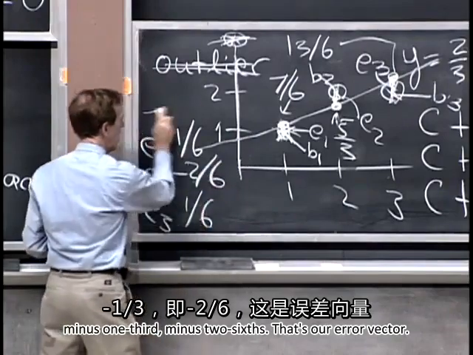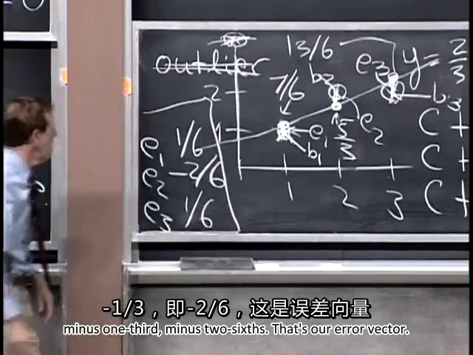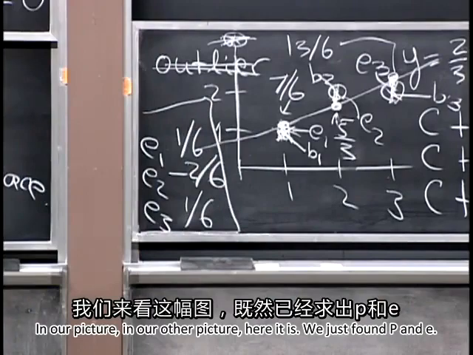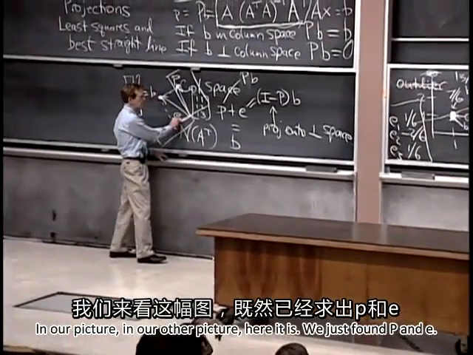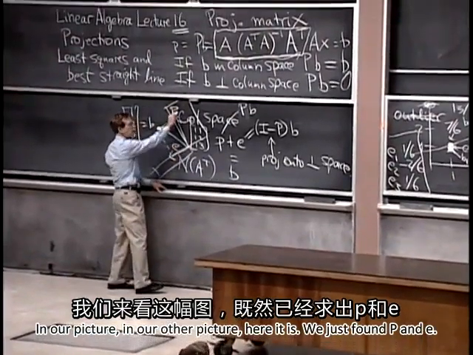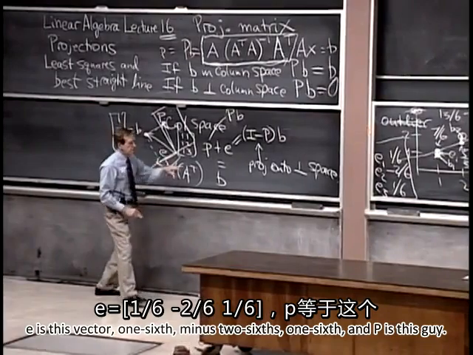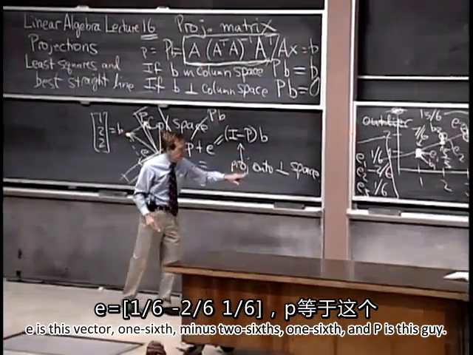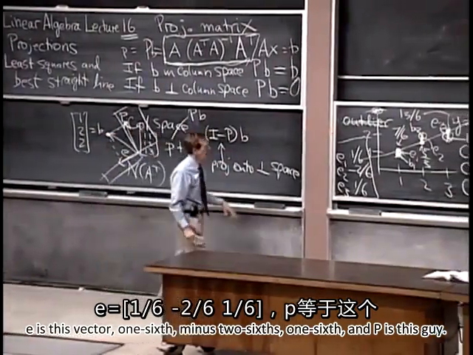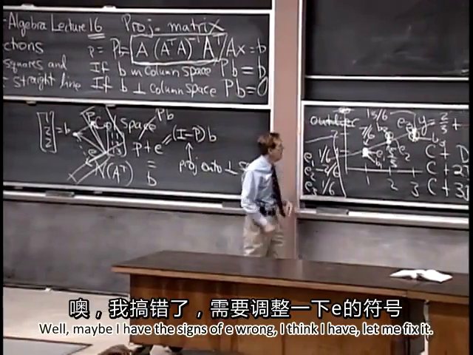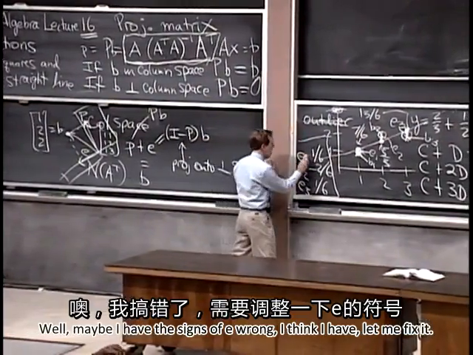That's our error vector. In our other picture, here it is. We just found P and E. E is this vector, 1/6, minus 2/6, 1/6. And P is this guy. Well, maybe I have the signs of E wrong. I think I have.